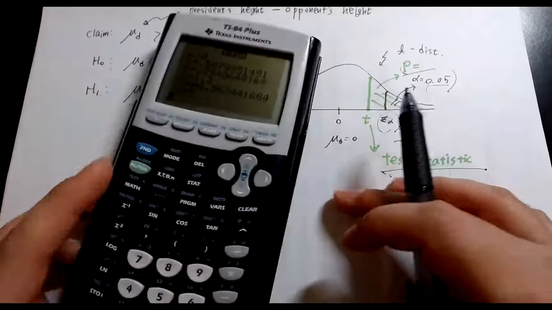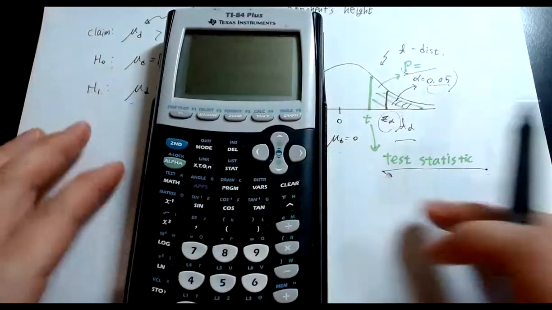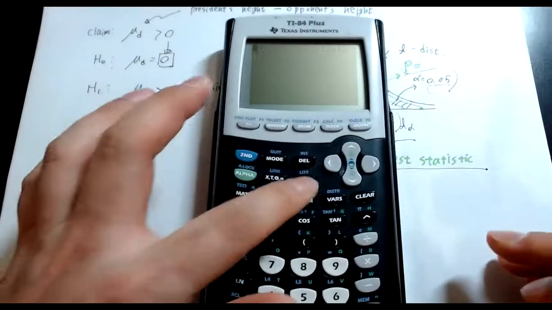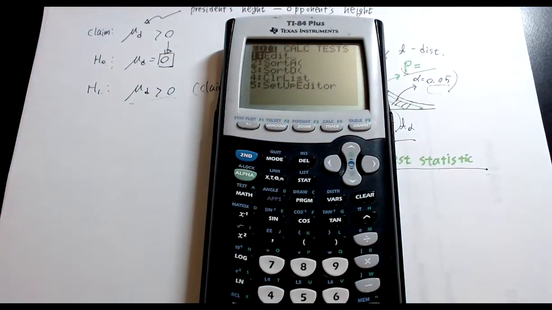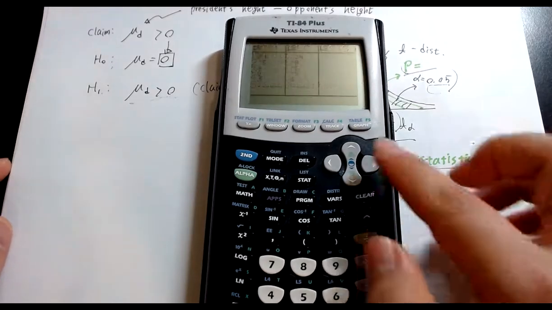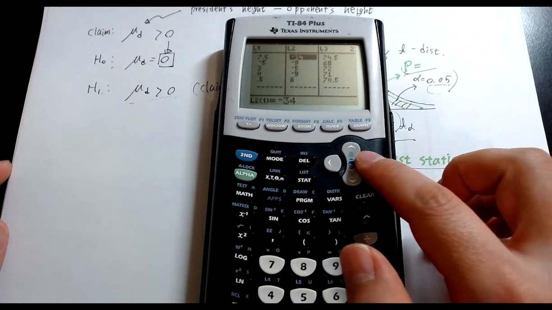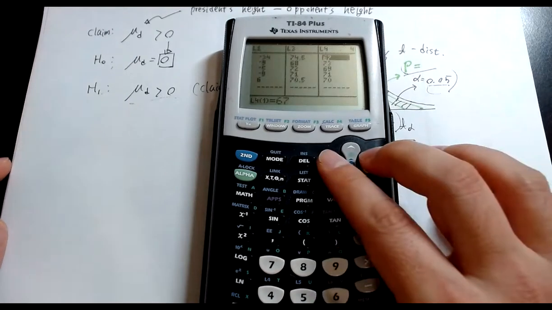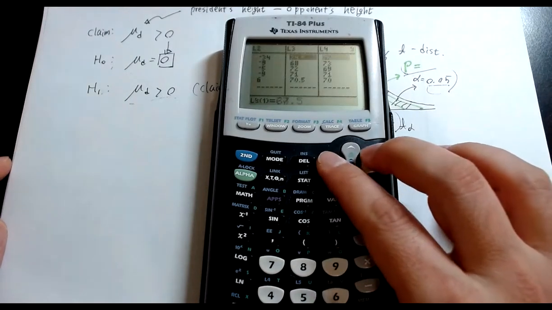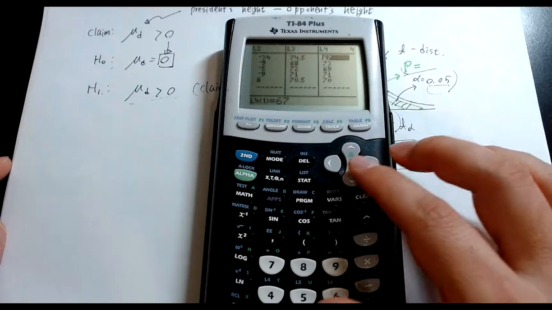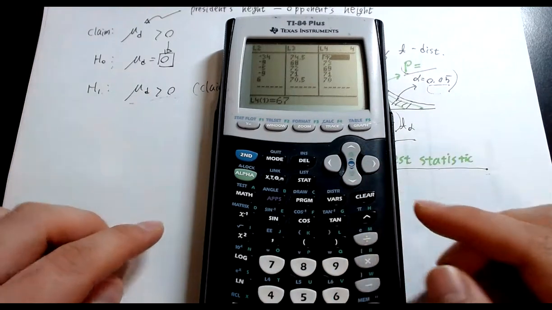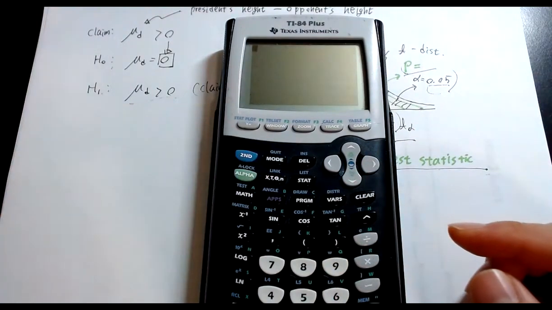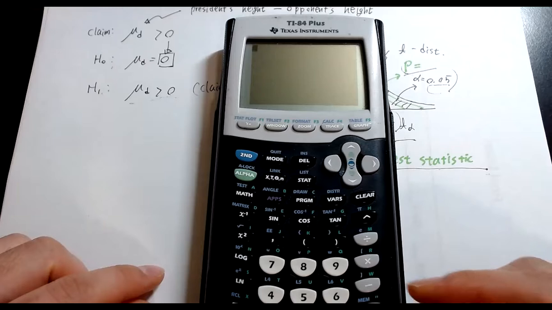So using the calculator right here, first you need to enter the two data sets, the presidents' heights and the opponents' heights, which are given in the problem. I already entered those two sample data sets into L3 and L4. Now we go to the main screen and enter L3 minus L4.